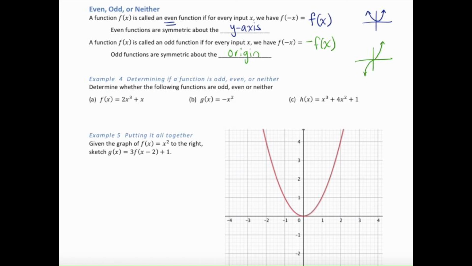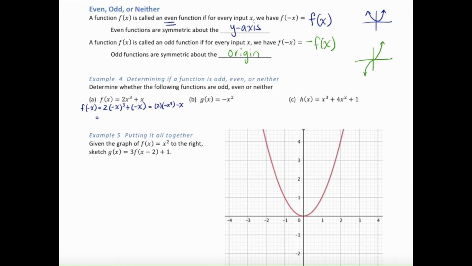Example 4. Determine whether the following functions are odd, even, or neither. Let's plug in negative x for each of these examples and see what happens. So I have f of negative x equals 2 times negative x cubed plus a negative x, which is equal to 2 times negative x cubed minus x.